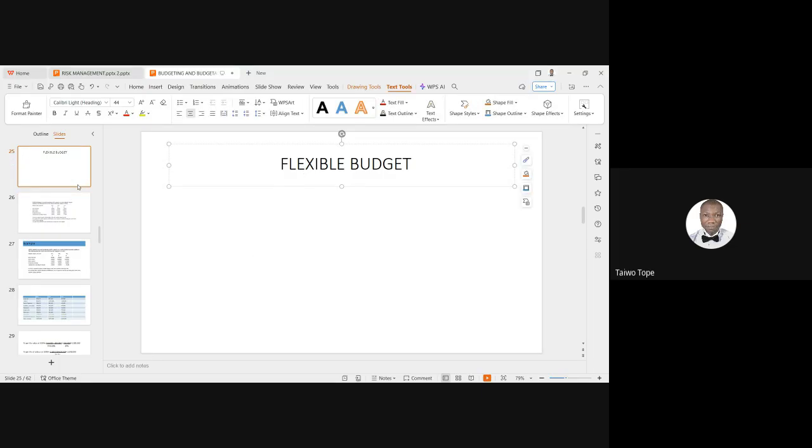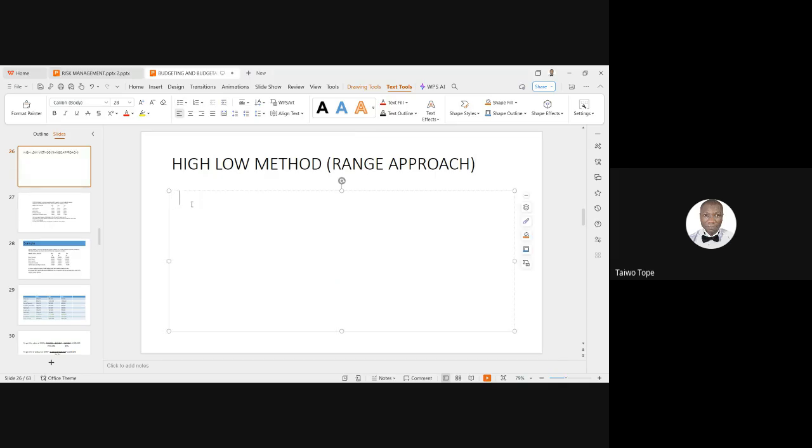The high-low method is the range approach. It is used to determine the cost per unit or cost at 100%.